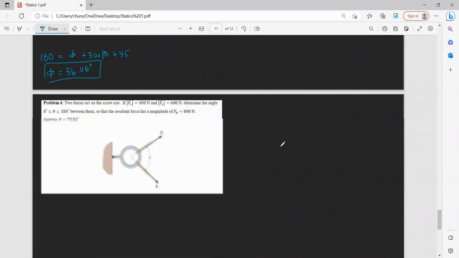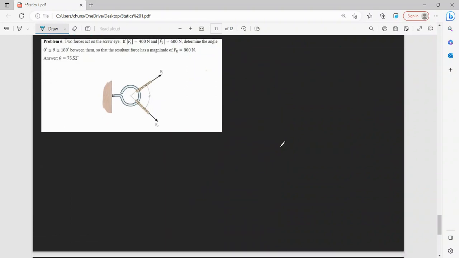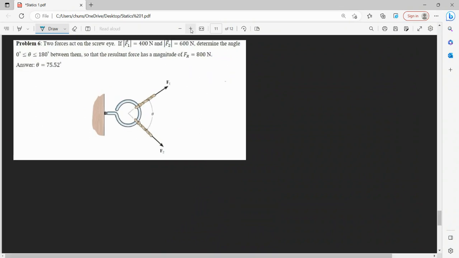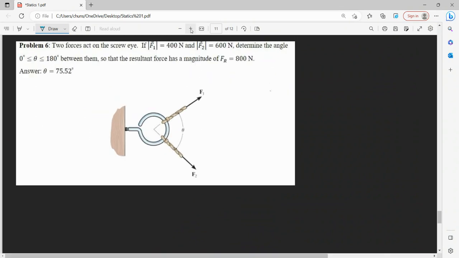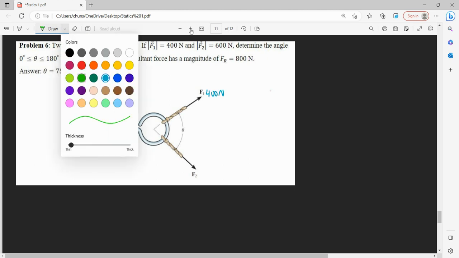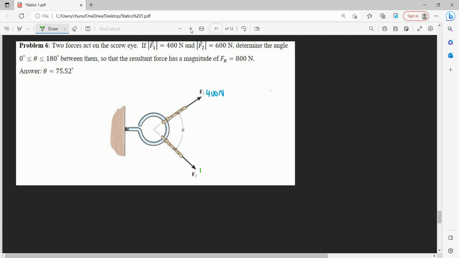Okay, so our last and final question for this problem. Let's take a look. Two forces act on a screw eye. So if F1 is 400 newtons and F2 is 600 newtons, determine the angle between them so that the resultant force has a magnitude of 800 newtons.